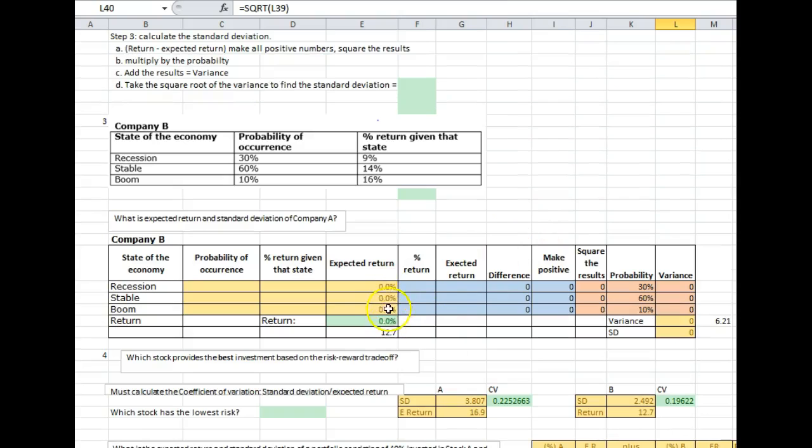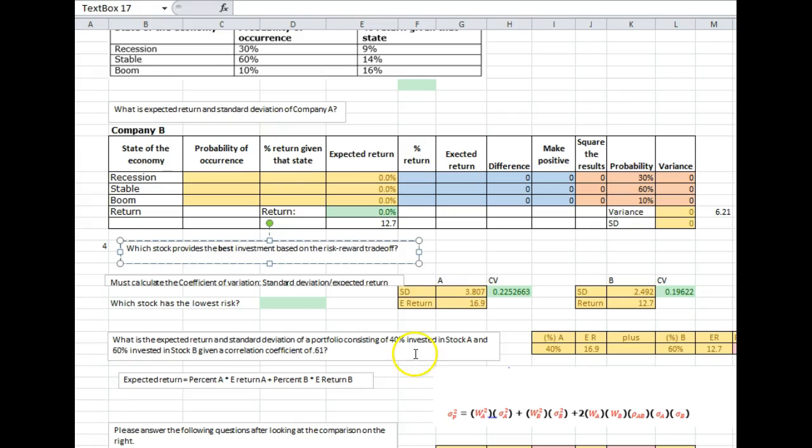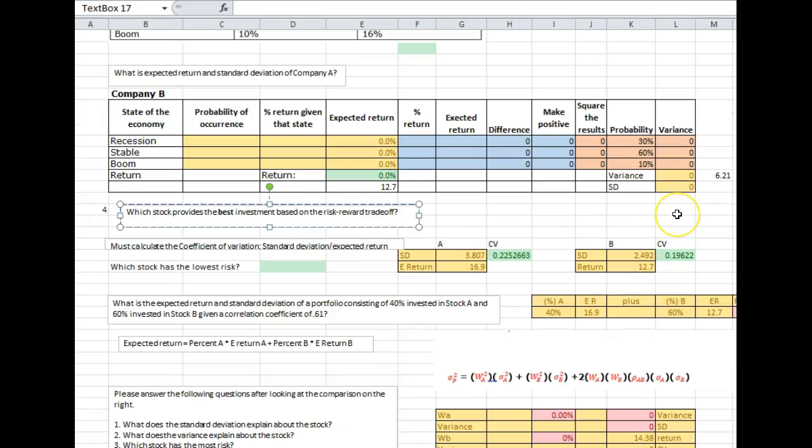Anywhere where you have numbers, this has formulas in it. Do not type here. These are check numbers right here and here to see if you've done it correctly. So once you get this one, now you're going to get this group, and you're going to find the standard deviation.